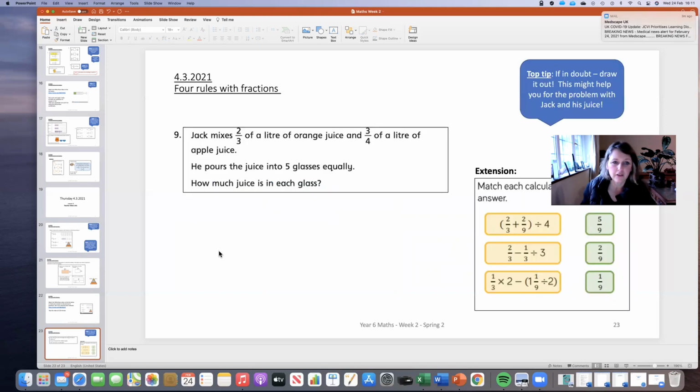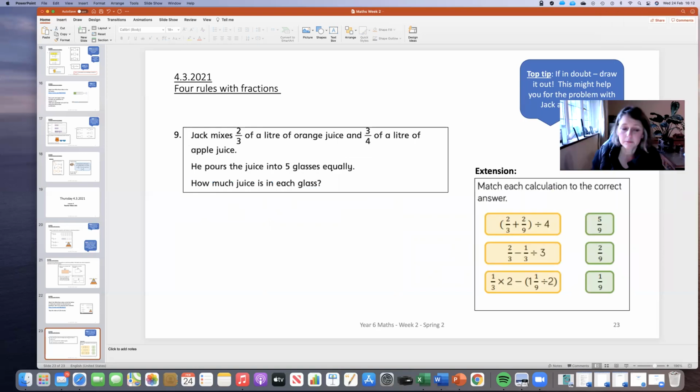And then we'd like you to have a go at doing this question. Jack mixes 2/3 of a litre of orange juice with 3/4 of a litre of apple juice. He pours the juice into 5 equal glasses. How much juice is there in each glass? And remember, you're going to have to use your BIDMAS for this. Think about how you'd write that as one equation.